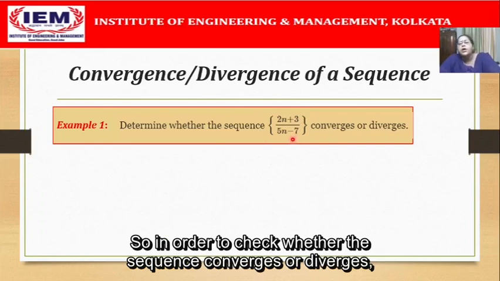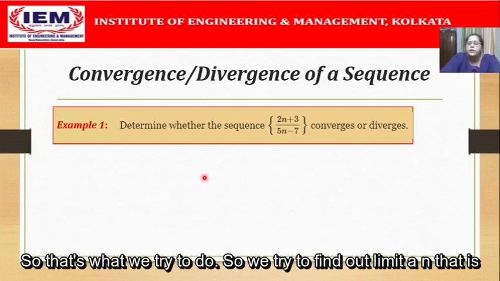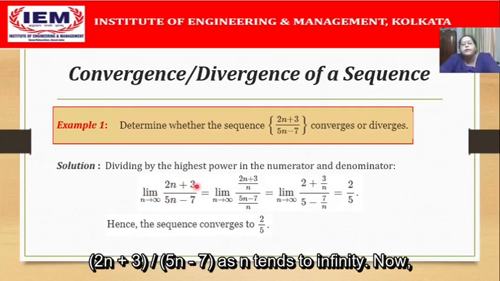So in order to check whether the sequence converges or diverges, it's quite natural that we try to find the limit of a_n as n tends to infinity. So that's what we try to do. We find the limit of (2n + 3)/(5n - 7) as n tends to infinity.